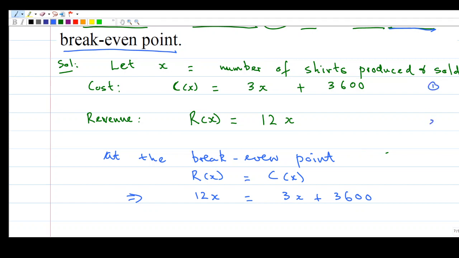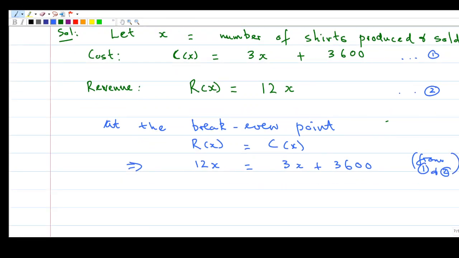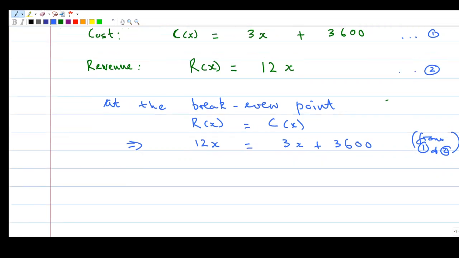We call that equation 1 and this one 2. So this is from equation 1 and equation 2. Right, and you can solve this. Solve for x, you end up with x is equal to 400.